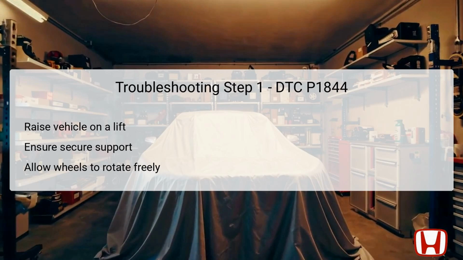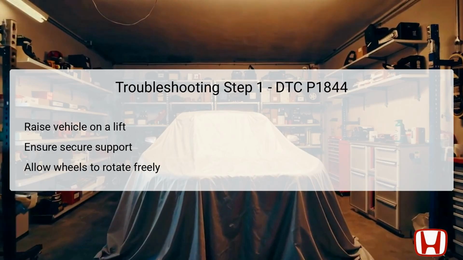The first troubleshooting step for diagnosing DTC P1844 involves raising the vehicle on a lift securely. It is essential to ensure that the vehicle is supported correctly to avoid any safety hazards during inspection. Additionally, allowing all four wheels to rotate freely is crucial for the subsequent testing phase.